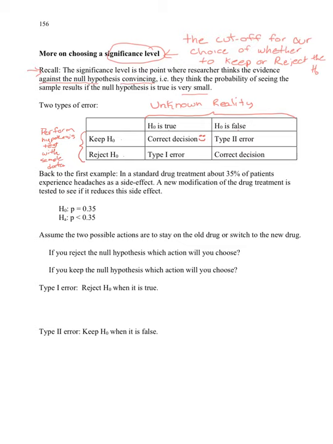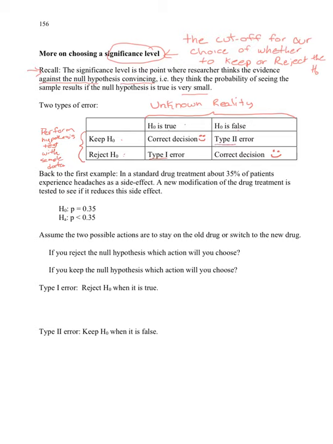Likewise, if we reject the null hypothesis when the null hypothesis is false, we are happy because we've made the correct decision. But if we reject the null hypothesis when it's actually true, we've made a type 1 error. Or if we keep the null hypothesis when it's actually false, we've made a type 2 error.